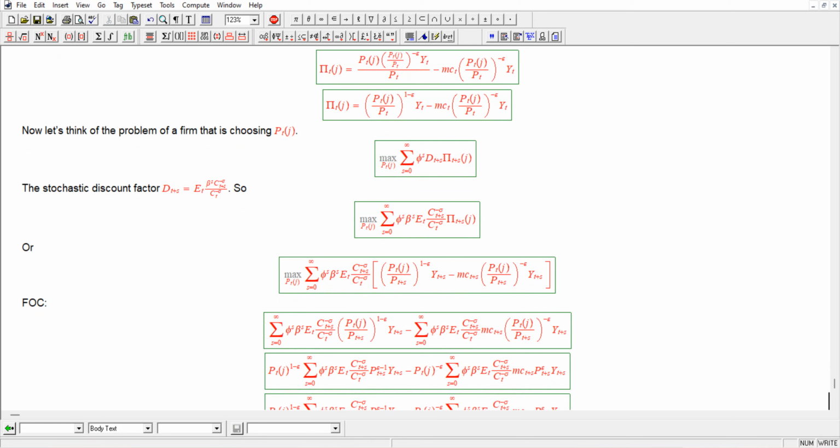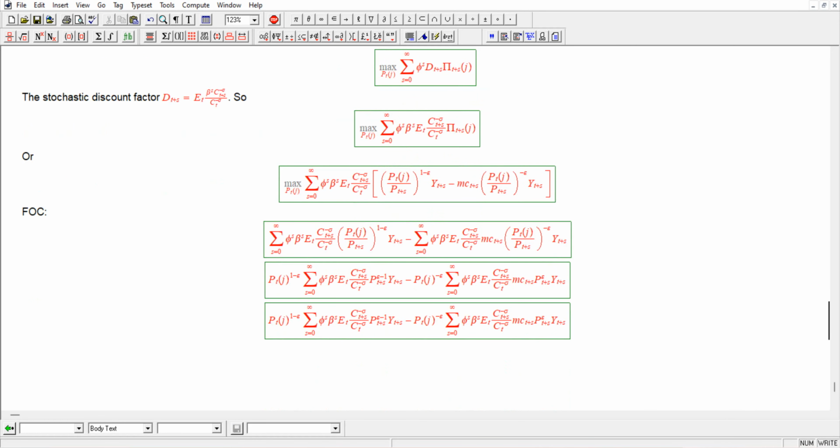So deriving this with respect to Pj actually becomes a fairly straightforward task. We multiply by the exponent, subtract 1 from the exponent.